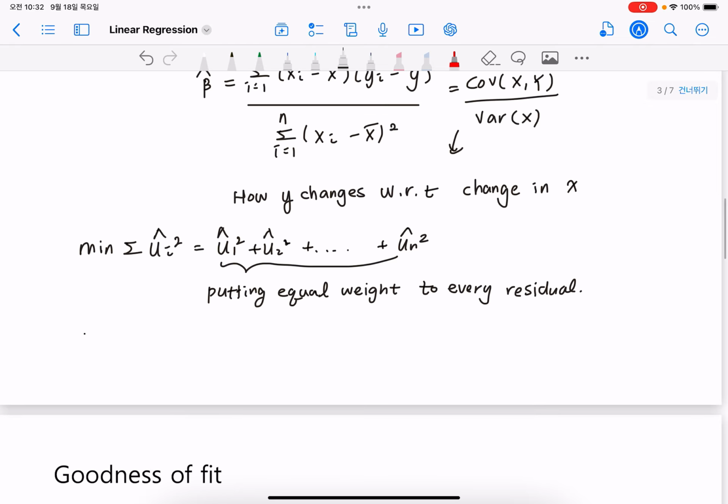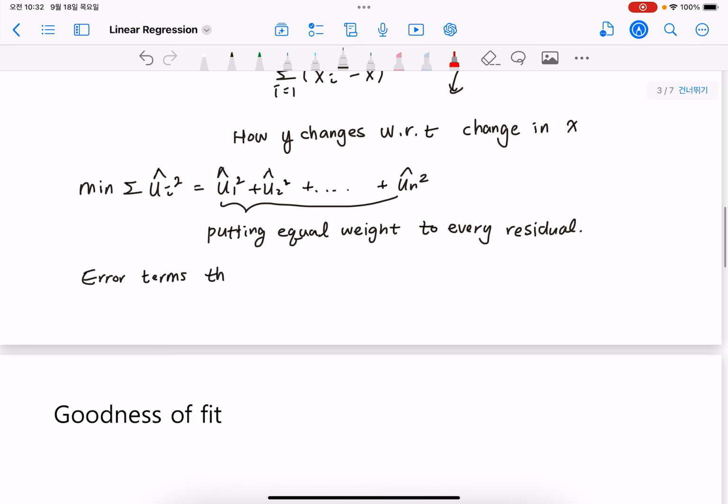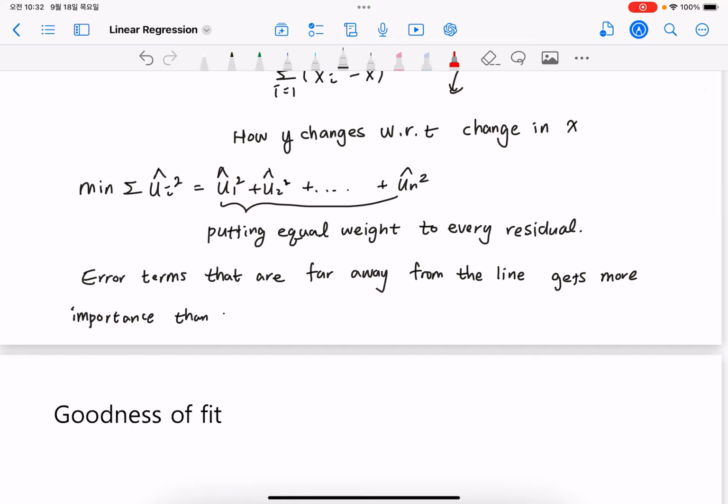So again, in other words, error terms or the residuals that are far away from the line get more importance than what they deserve. They actually deserve less weight, but they are given relatively greater weight, right?